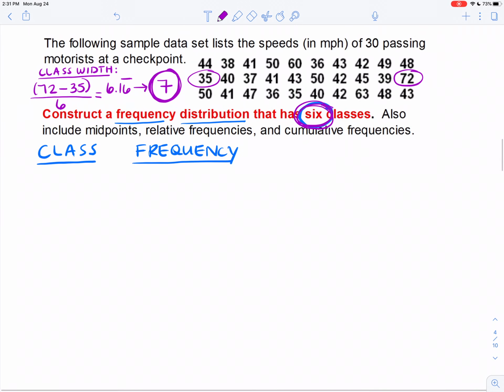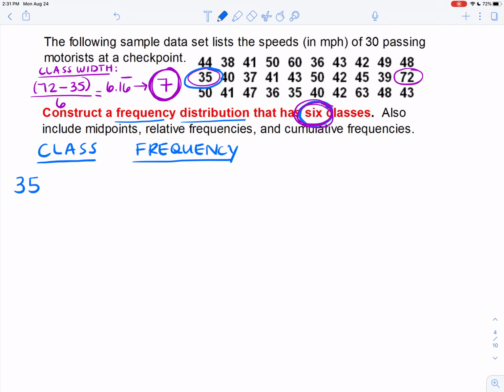Now, once I have my class width, then I'm ready to define my classes. The way that I will define my classes is I will always start with whatever my minimum data value is. In this case, my lowest speed was 35 miles per hour. And then what I'm going to do is use that class width. My class width is 7.